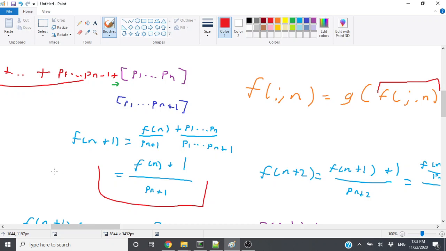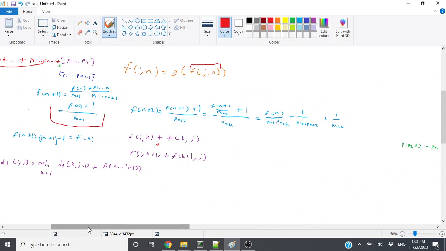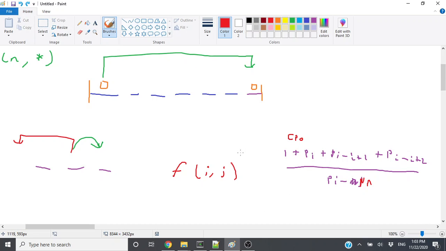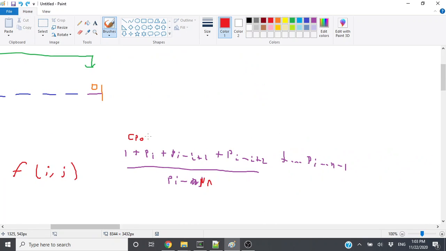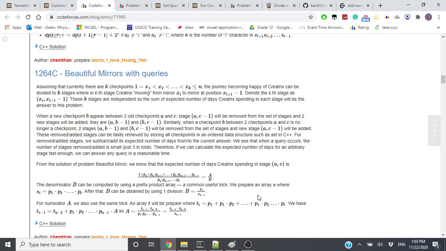Can't find my own notes. Okay, we're here. p1, pi minus 1. We can also rely on this. This would tell us the formula.